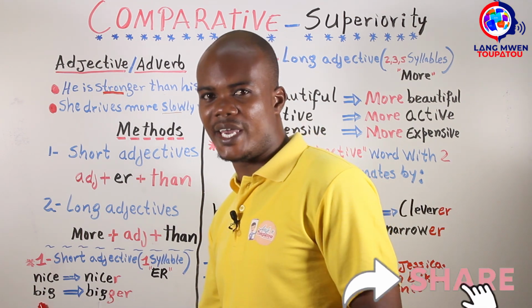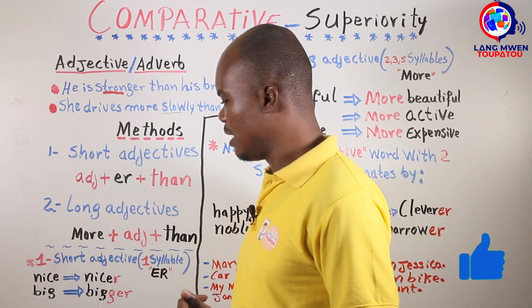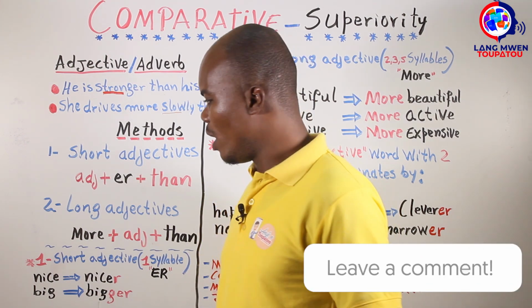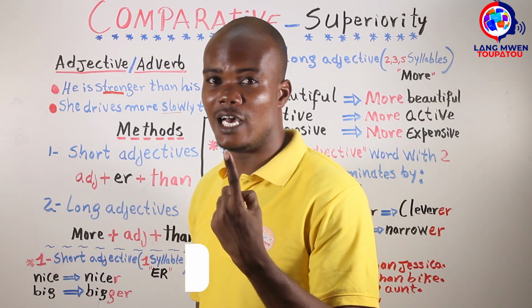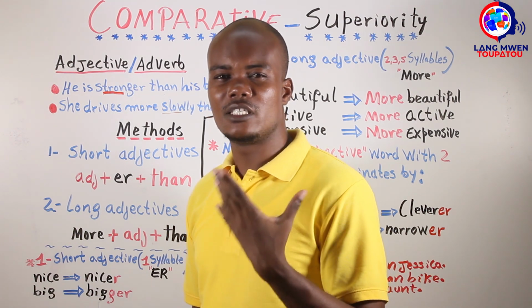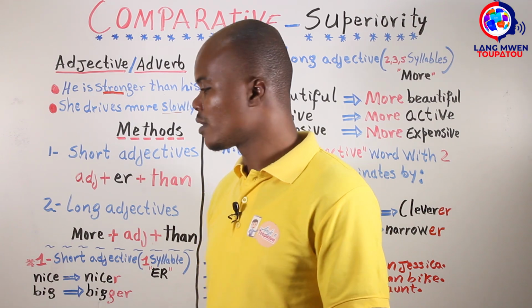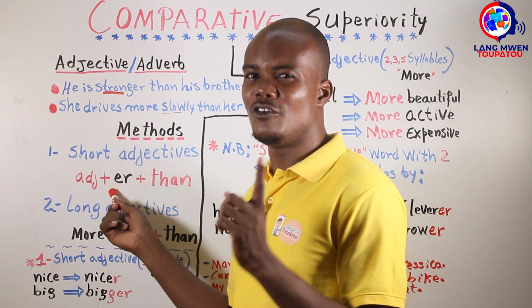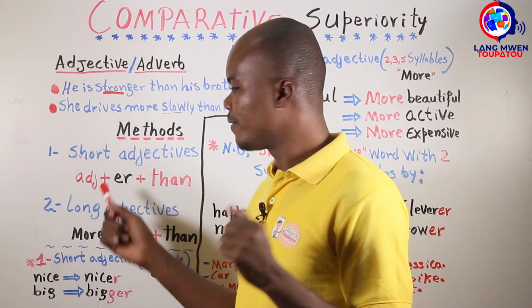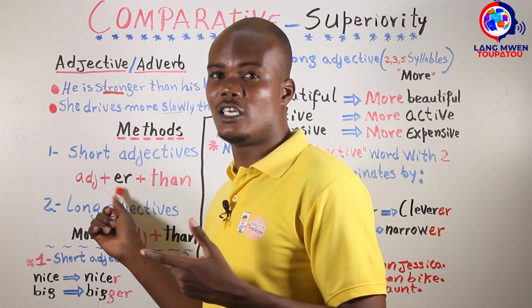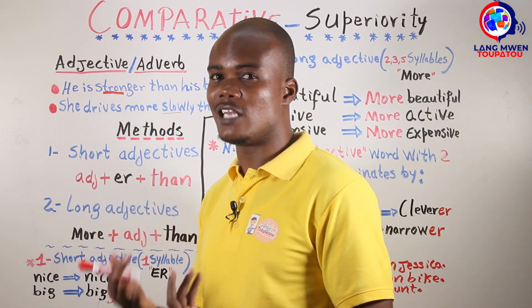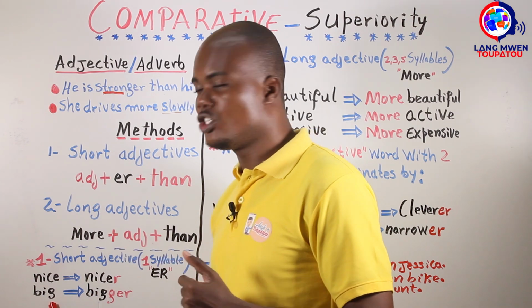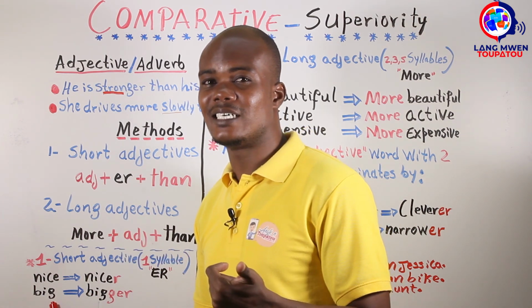Now, big. As an example, big. You say bigger. Big, bigger. Why? Because big has only one sound. It has only one syllable. So, you apply this formula. But you have to pay attention to something. Before adding er to form the comparative of this short adjective big, you should double the last consonant.